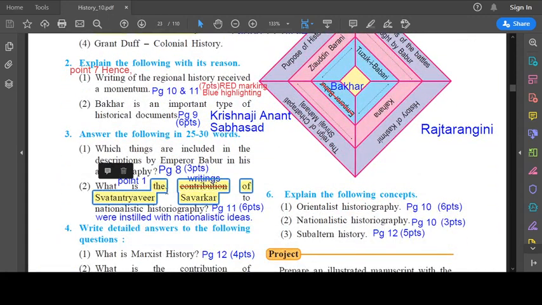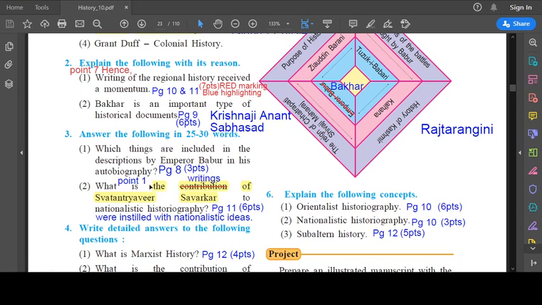What is the contribution of Swatantra Veer Savarkar to nationalist historiography? If you look at this answer, children, it is on page number 11, 6 points. But your first point is in the question itself. I've made certain changes. I'll read it out to you.